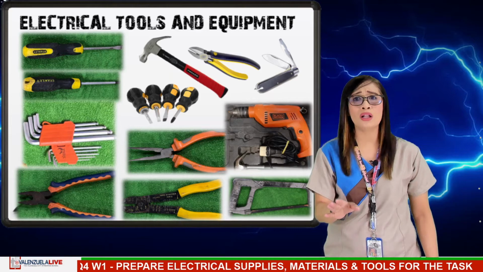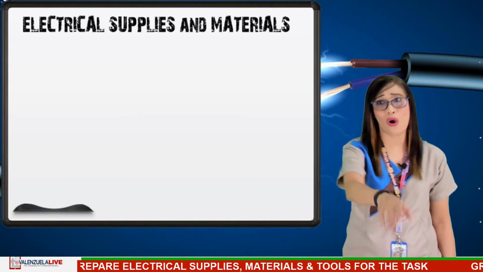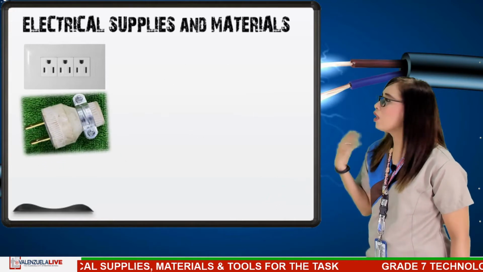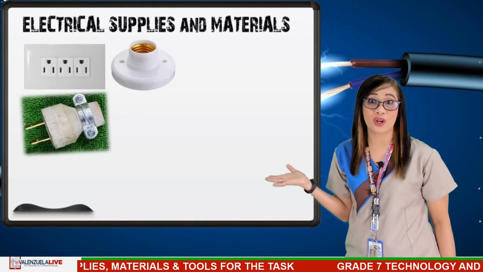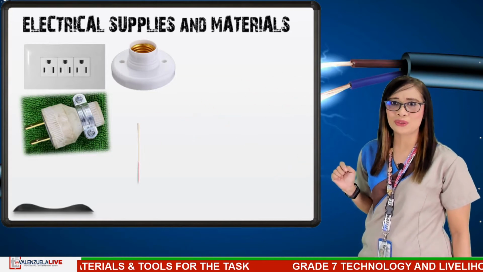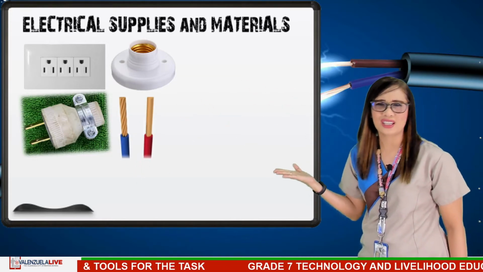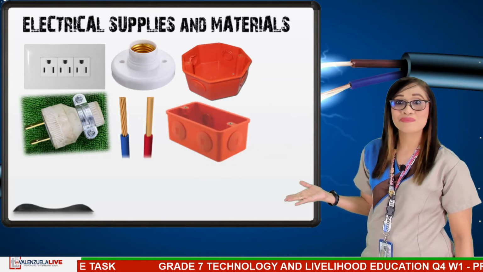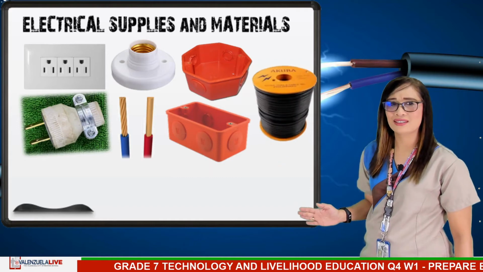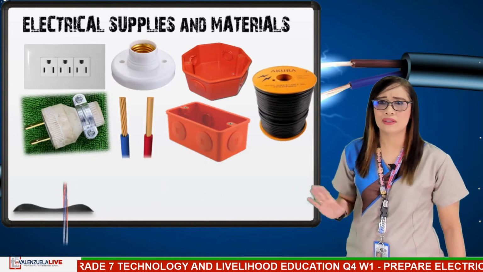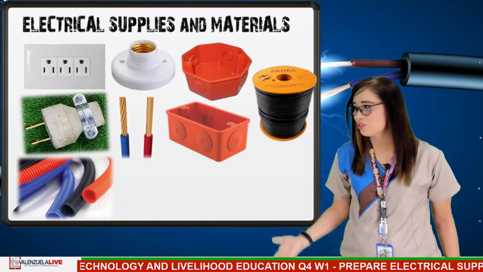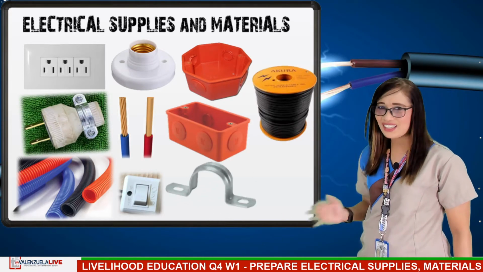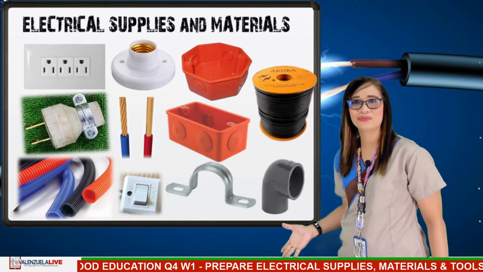And electrical supplies and materials are convenience outlet, male plug, lamp holders, electrical wire conductor, stranded or solid wire, circuit breaker, junction box, utility box, flat cord, conduits or pipes, switch, clamps, and connectors.